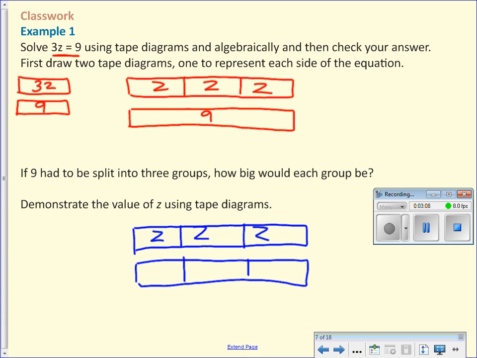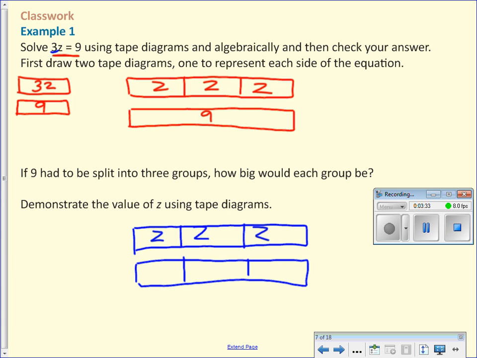What operation is that when I take a number like 9 and separate it into equal groups? Division. So I'm taking my 9 and dividing it by 3. Hey, look at this. I'm taking my 9 and dividing it by 3. Keep that in mind when we solve algebraically.